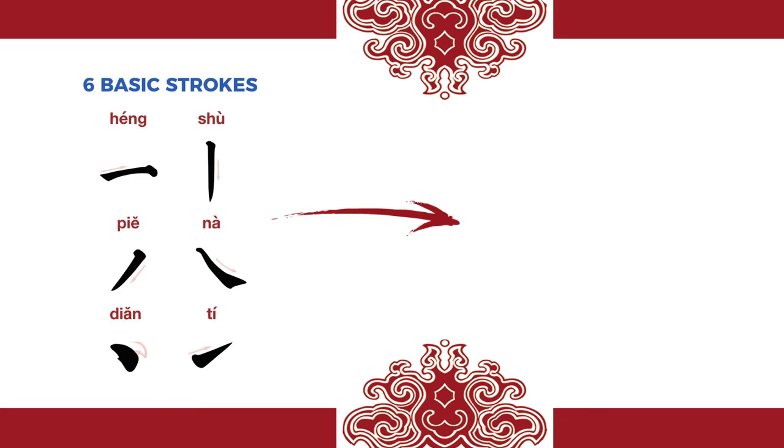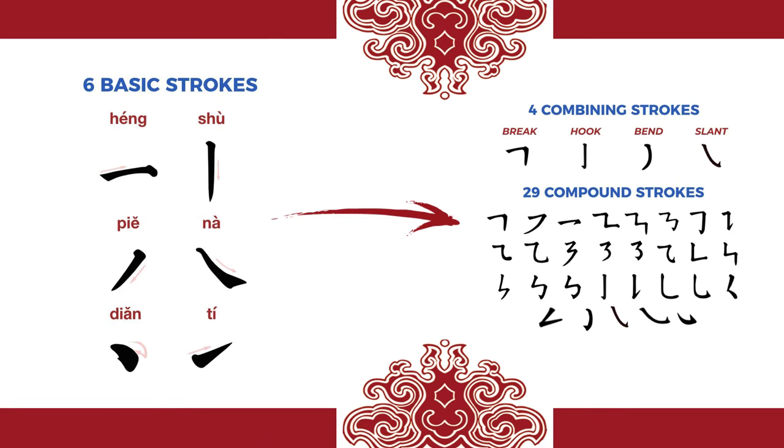You can memorize them as pairs, so there are 3 pairs of basic strokes. And others are derived strokes. There are about 30 to 33 of them. In this lesson, we will look at 2 basic strokes, horizontal and vertical strokes.